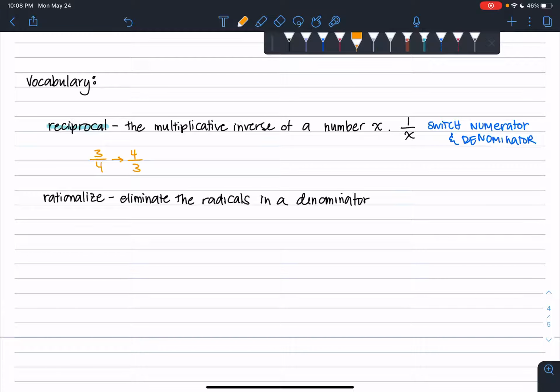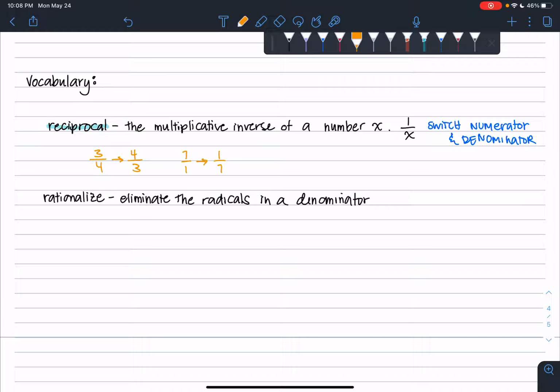Okay, this can happen with any fraction, any rational number, even whole numbers. Think about the number 7. Okay, 7 is technically over 1, so its reciprocal is 1 over 7.